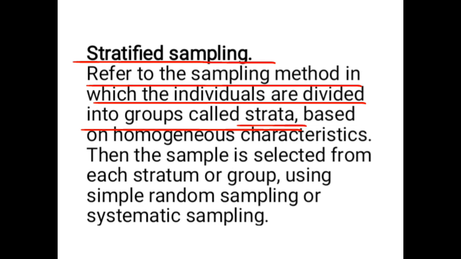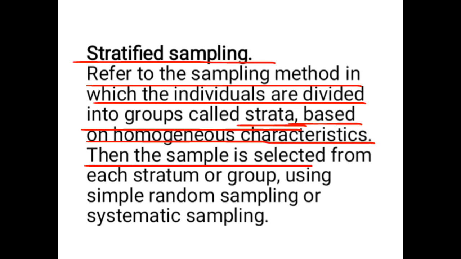The division is based on homogeneous characteristics of the individuals. You divide individuals based on their homogeneous characteristics. For example, you can divide individuals based on their gender or their age or any other homogeneous characteristics.